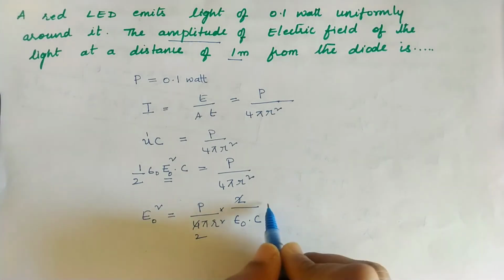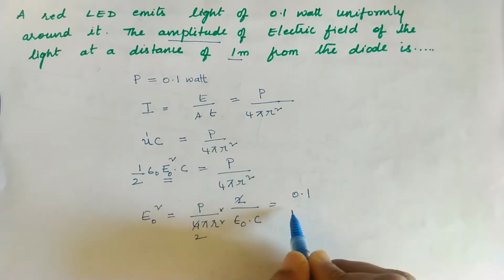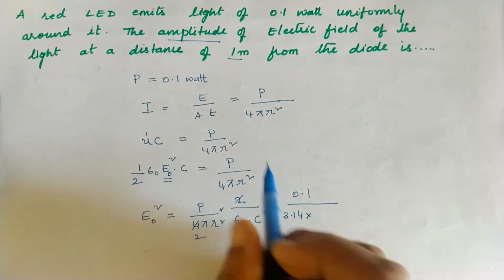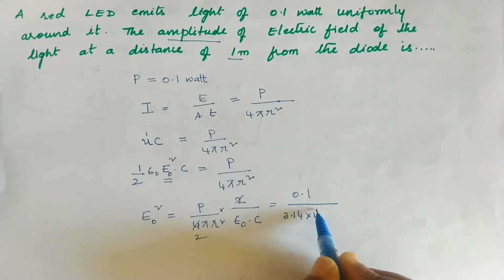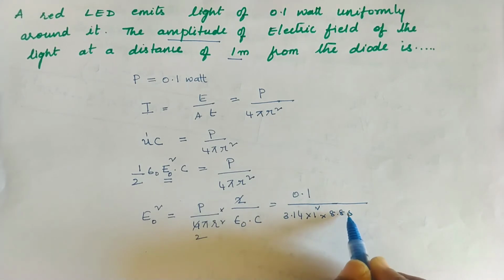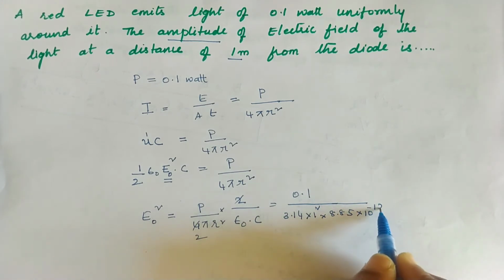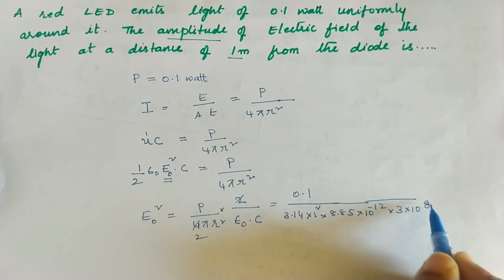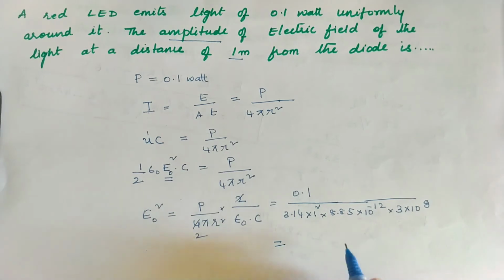Cancel this 2. Power is given 0.1 watt, pi 3.14, distance is 1 so r square is 1, epsilon naught is 8.85 into 10 to the power minus 12, and speed of light is 3 into 10 to the power 8. So simplify this relation.